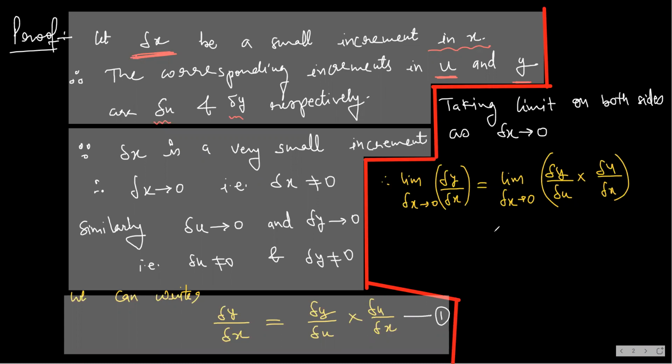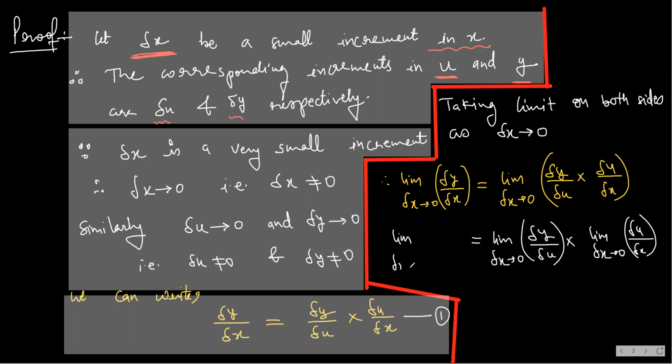So here I have limit delta x tending to 0, delta y by delta u into limit delta x tending to 0, delta u by delta x. And this side I have limit delta x tending to 0, delta y by delta x. Okay. Now see the next step.